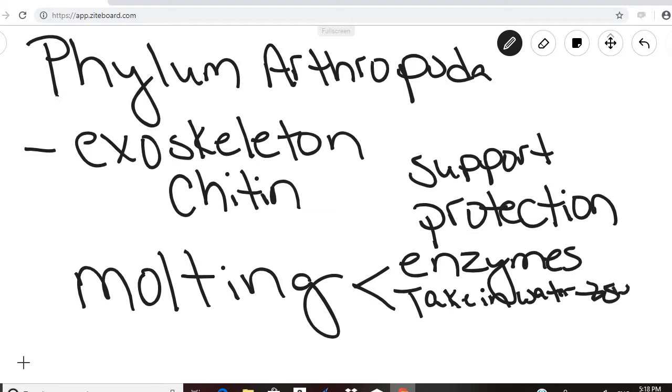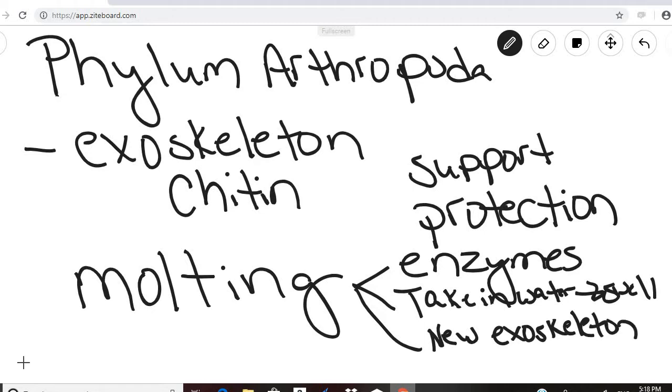So the organism is bigger than its normal size because of that excess water. Then it will develop a new exoskeleton. And when the animal gets rid of that excess water, it has room to grow into the larger exoskeleton that was made.